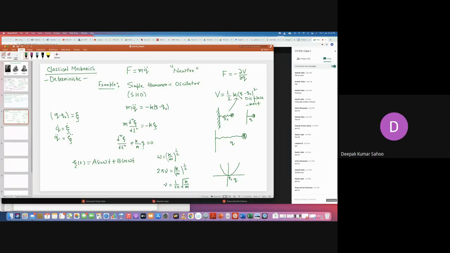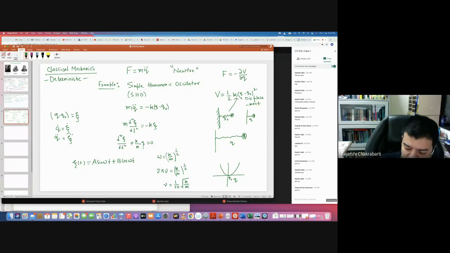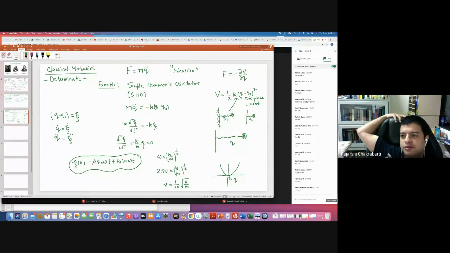You have a solution which is oscillatory in time. It oscillates as a function of time with some frequency. So for a harmonic oscillator, if I follow the trajectory of the particle as a function of time, it will oscillate with some magnitude and some frequency.